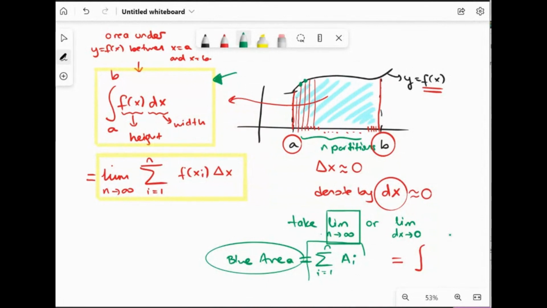This integral now gives us the area under the curve y equals f of x between two points a and b.